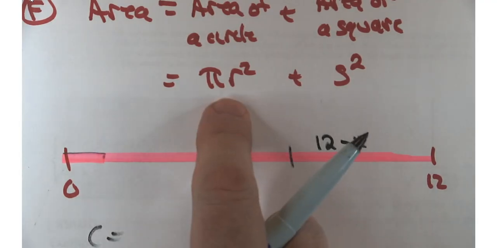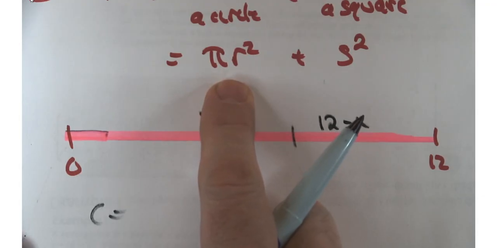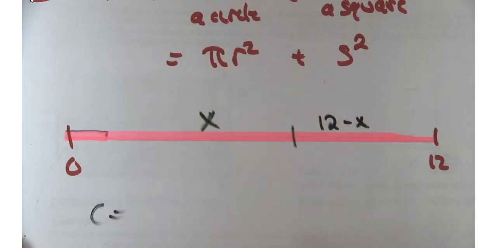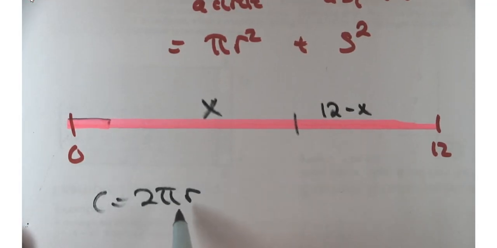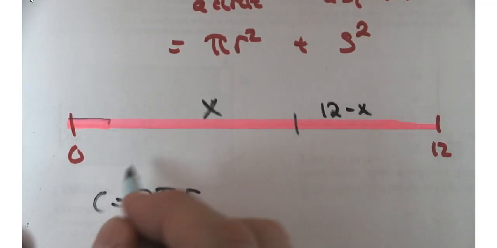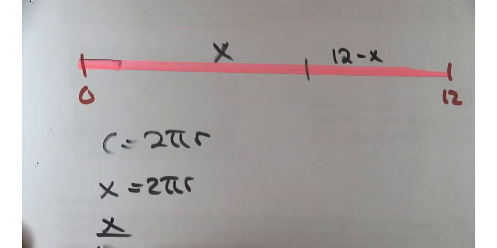Now the cool thing is that you can differentiate this relationship with respect to r and remind yourself for the circumference. When you differentiate this, you get the circumference is 2 pi r. And for us, that's going to mean r is going to equal x over 2 pi.